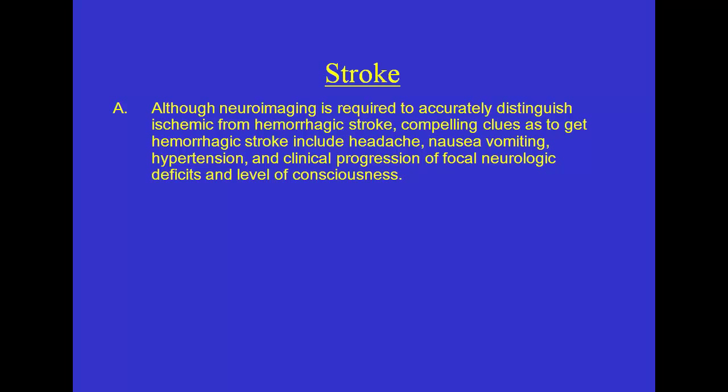All right, although neuroimaging is required to accurately distinguish an ischemic from a hemorrhagic stroke, there are certain clinical clues that make you think that it's more likely to be hemorrhagic. Headache is one. Usually strokes are not painful. You don't have a lot of nerve endings in your brain. Sometimes with posterior fossa strokes people report headache, but in general, that's a clue that it may be a hemorrhagic event.